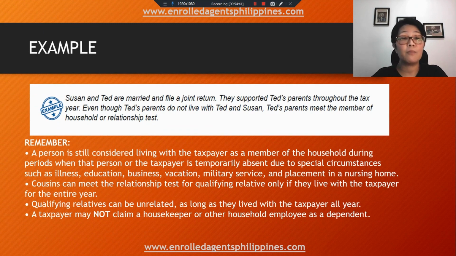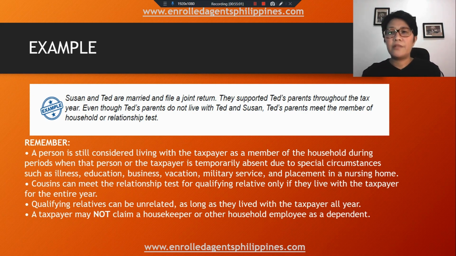Example. Okay, mag-example tayo. Susan and Ted are married and file a joint return. They supported Ted's parents throughout the tax year. Even though Ted's parents do not live with Ted and Susan, Ted's parents meet the member of household relationship test. Yun naman yung binanggit ko dati dun sa kabilang video na it doesn't always follow na kailangan nakatira physically sa bahay, particularly sa mga parents.